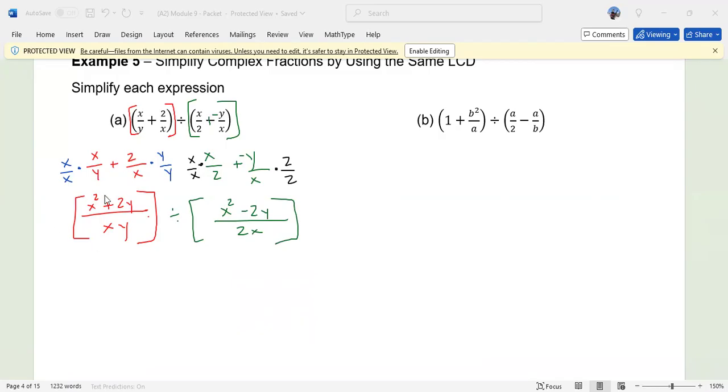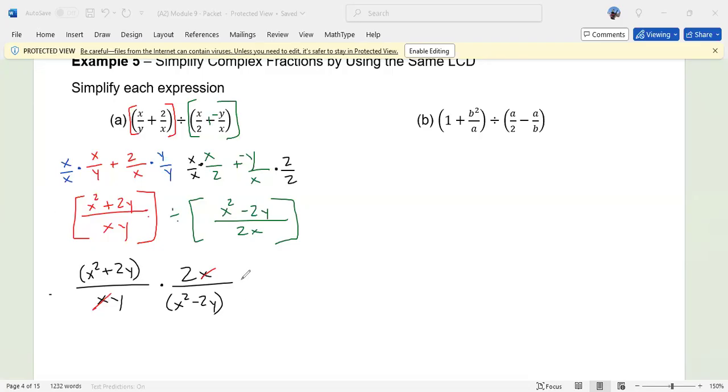Okay, from here, since we're dividing fractions, let's multiply by the reciprocal. So I have (x squared plus 2y) over xy multiplied by 2x over (x squared minus 2y). There's only one thing we're going to be able to get rid of here, and that is going to be those x's right there and right there.